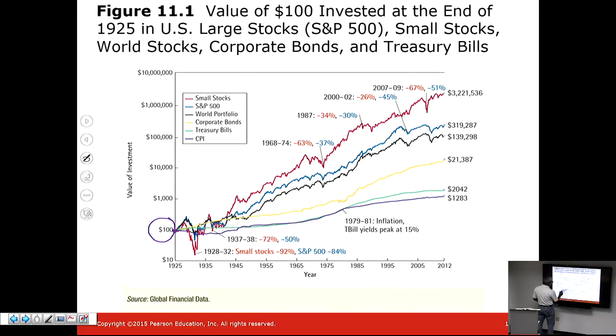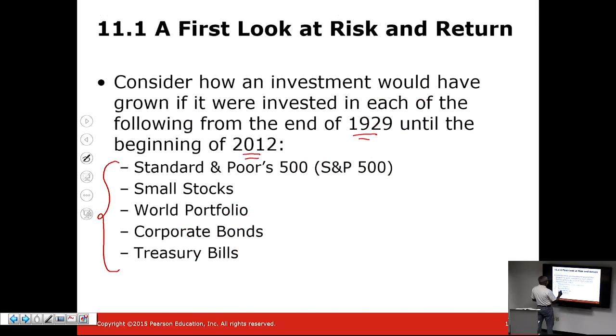So in 1929, we had invested $100 in each of these choices. We invested $100 in the S&P 500 index, in a portfolio of small stocks, in a portfolio of global stocks, a portfolio of corporate bonds, and a portfolio of treasury bills.